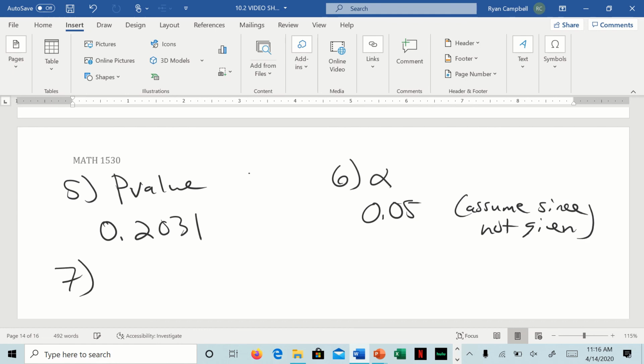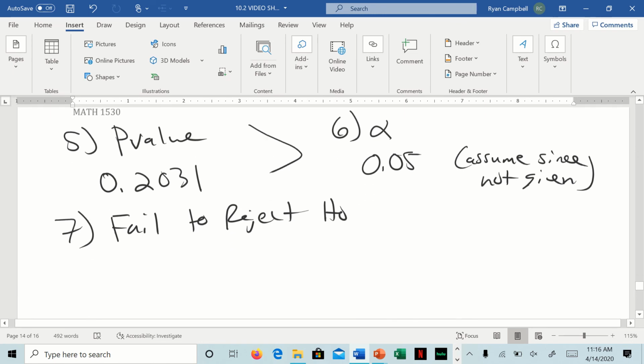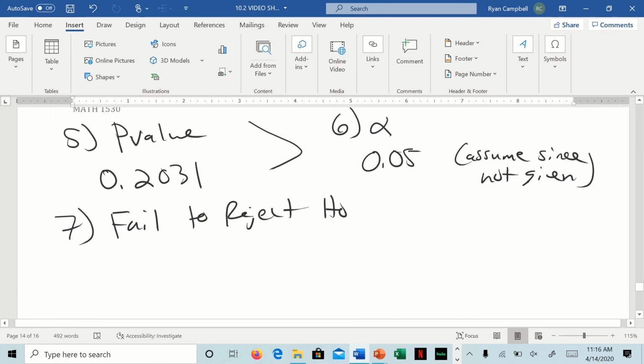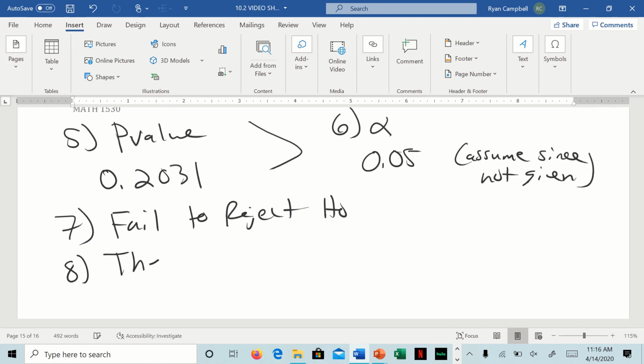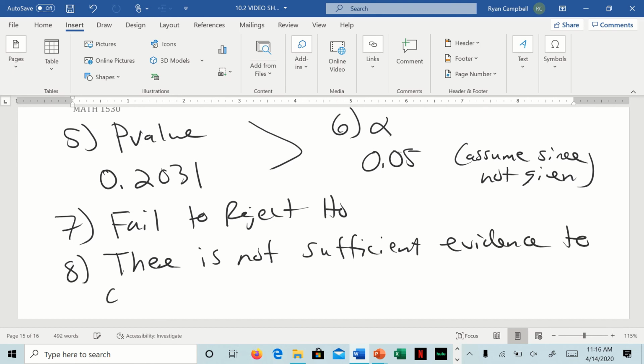Step 7, p-value is bigger, so we fail to reject. It is 20%, way too big. That's definitely not unlikely. So then there was not enough evidence. So there was not sufficient evidence to conclude that.